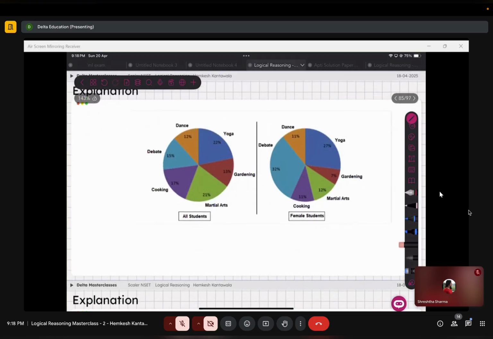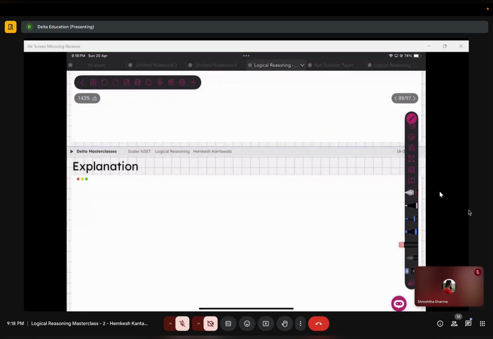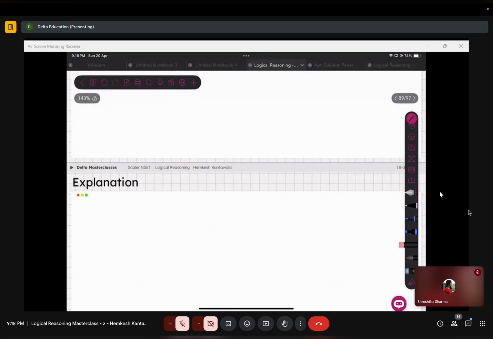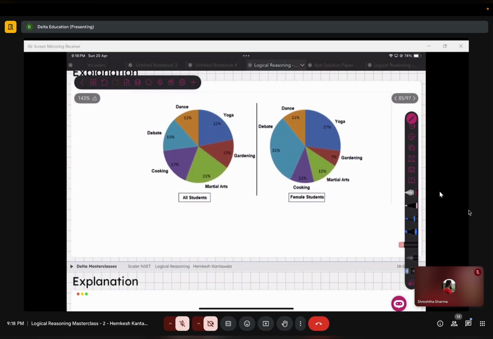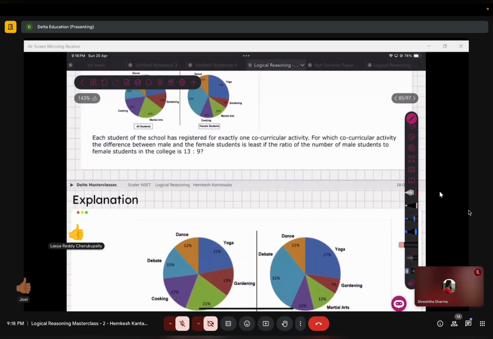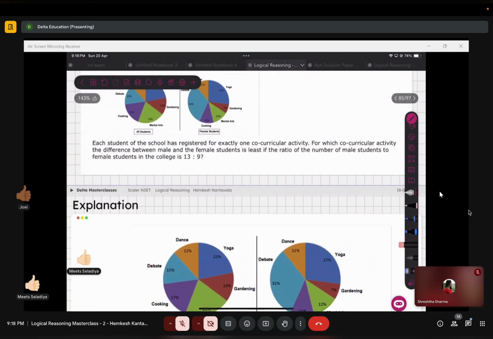We need to find the percentage of different things. Yoga is the correct answer, by the way. Is everybody clear? One thing you needed to take care of was 13 plus 9, which gives 2200. The calculations are easy, just simple percentage.